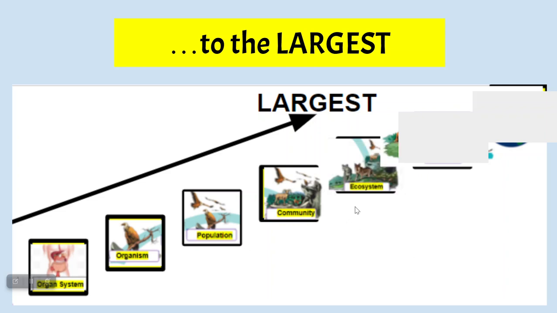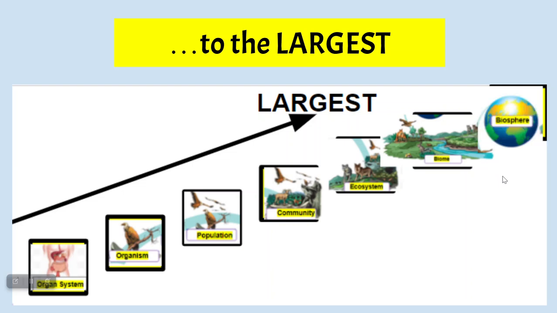So in the ecosystem, we are talking about both the biotic and abiotic things. And then the next size up, we're going to talk about biomes, which we have talked about in our class. And finally, the biggest one of those categories was the biosphere. So we've got everything organized by size.